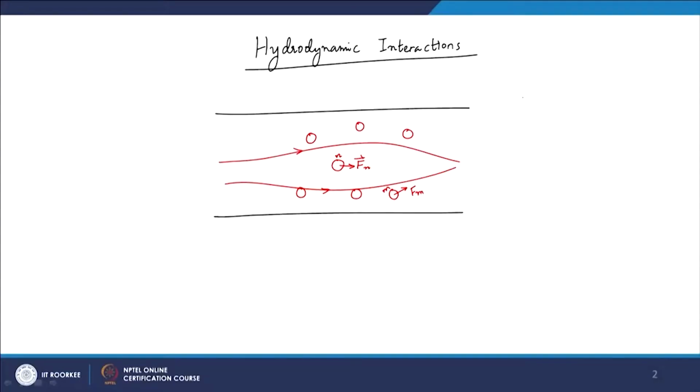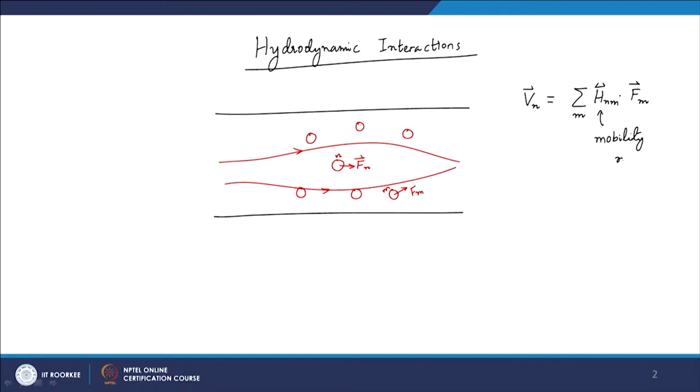And then what we had established is the velocity of particle n or bead n must be related to the force acting on other particles in solution by what we refer to as the mobility matrix.